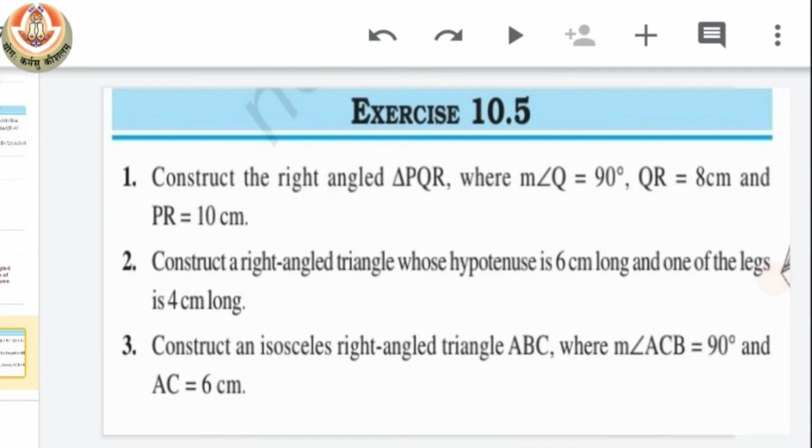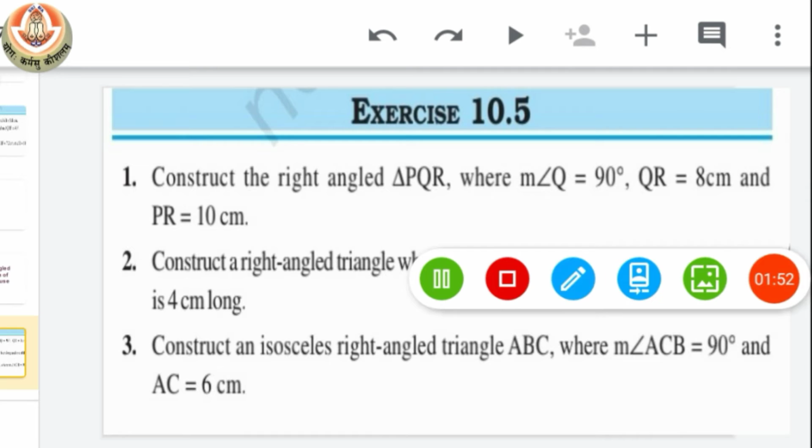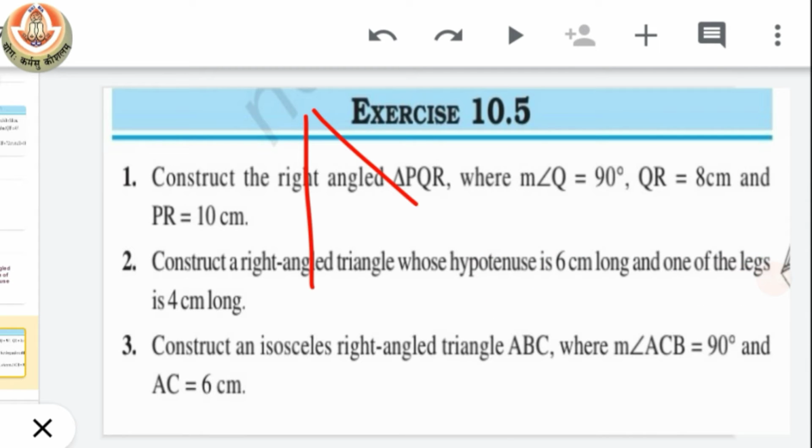In question number 3, we have to construct an isosceles right angle triangle. See, it is right angled and also isosceles. So we are given C as 90 degrees, and AC.